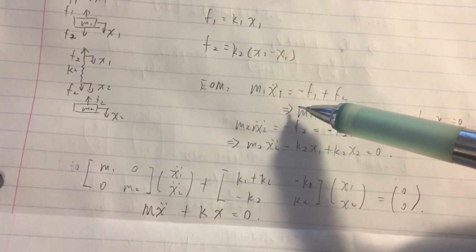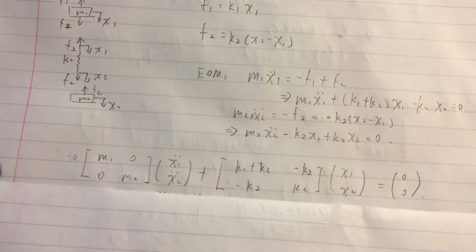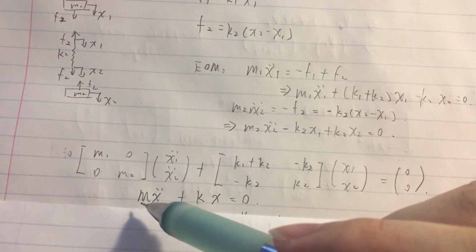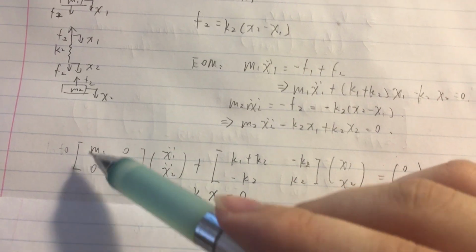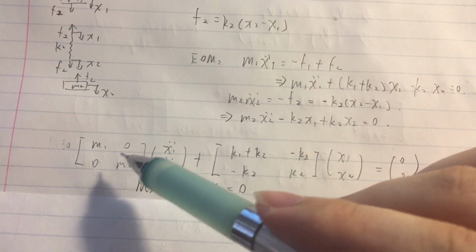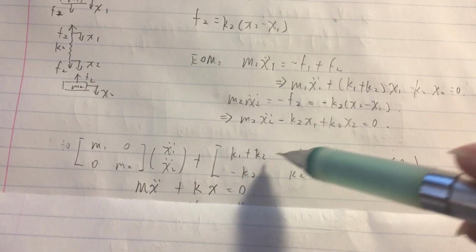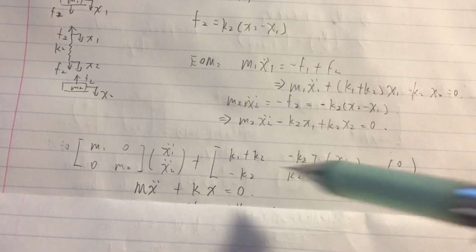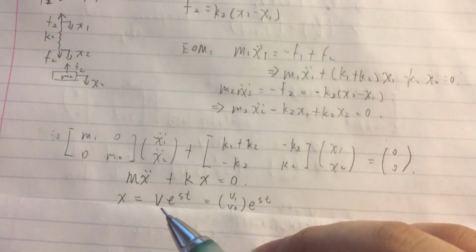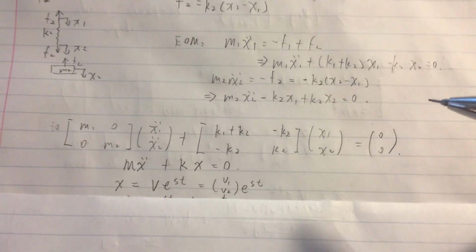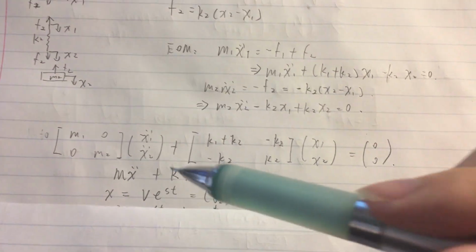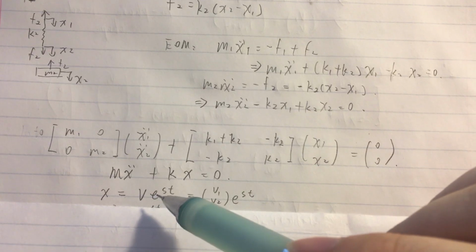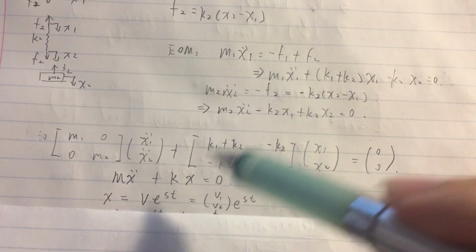Just use these two equations. To simplify this form, we can use M to represent this matrix, K to represent this matrix, and X equals this, so M X double dot plus K X equals 0. To solve the problem, we need to assume x equals v times e^(st), where t is time.